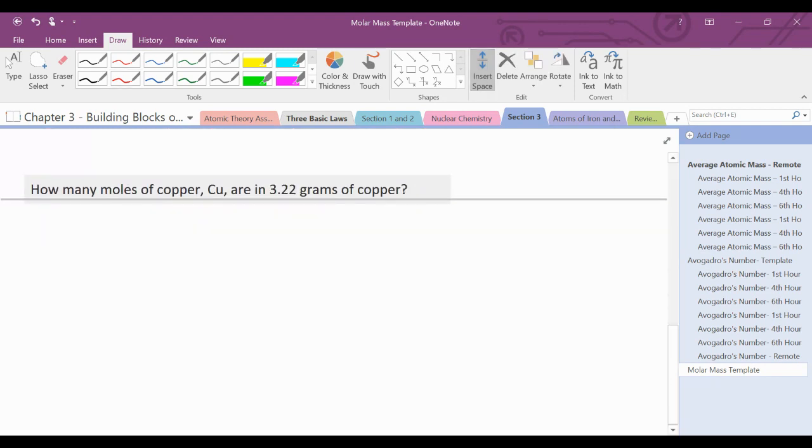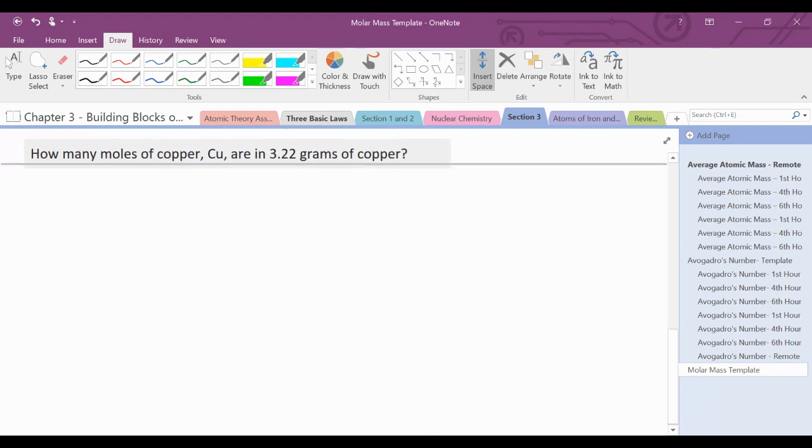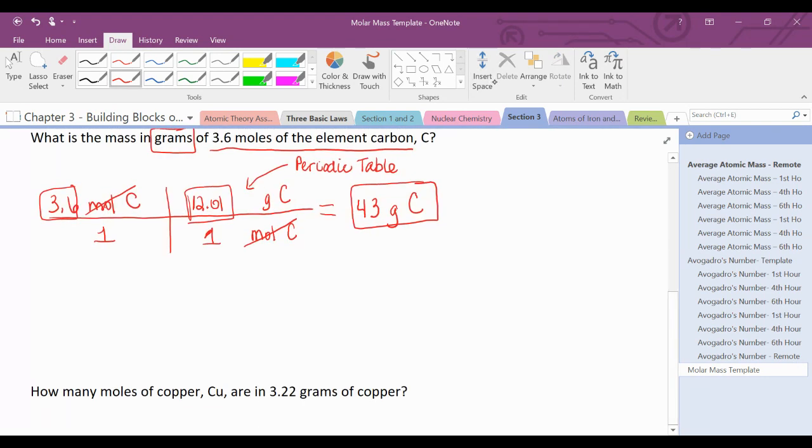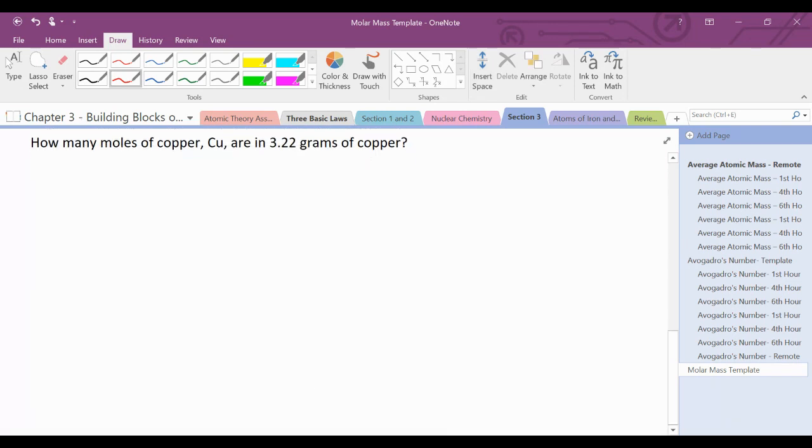All right, let's look at my problem number 2. It asked me to find the moles of copper that are in 3.22 grams of copper.